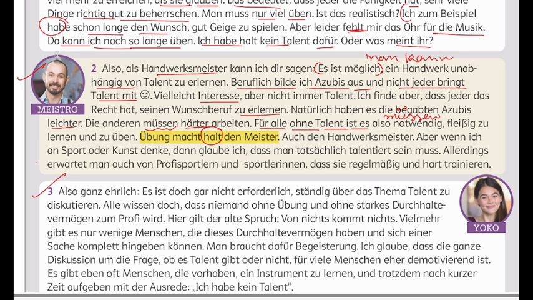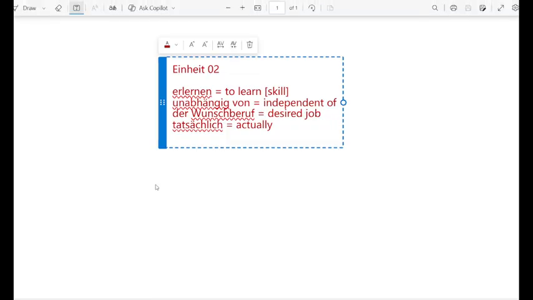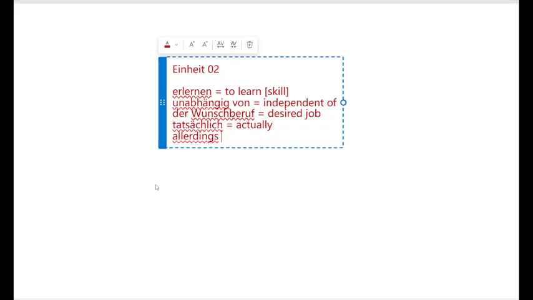Allerdings erwartet man auch von Profi-Sportlern und Sportlerinnen, dass sie regelmäßig und hart trainieren. So allerdings, we should write here, means certainly.